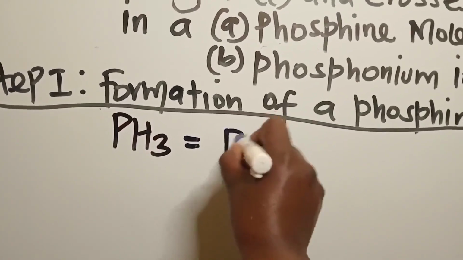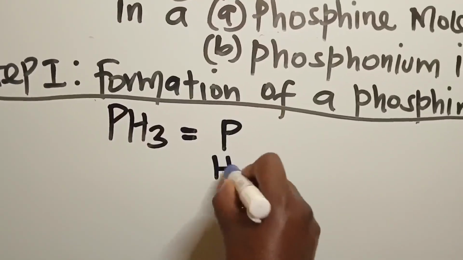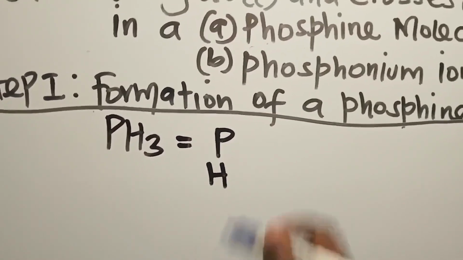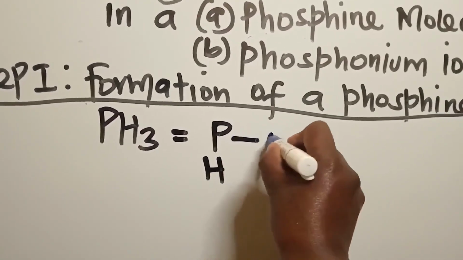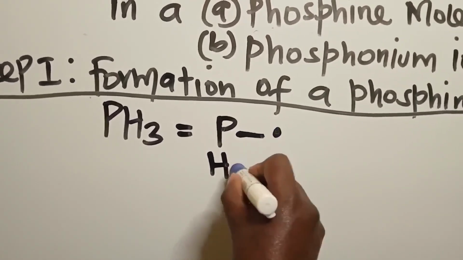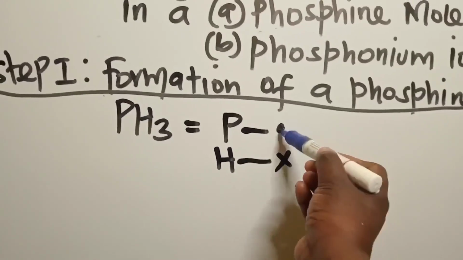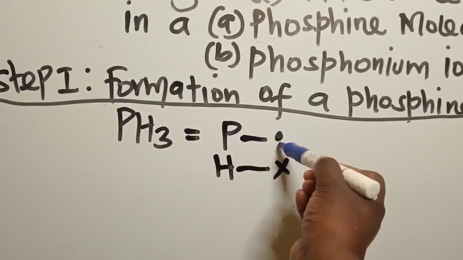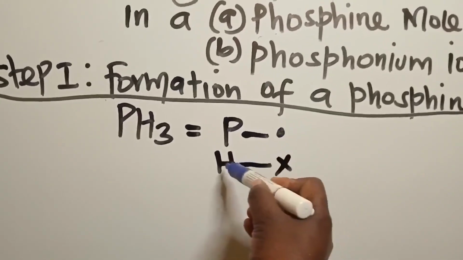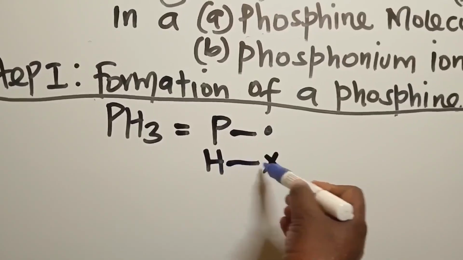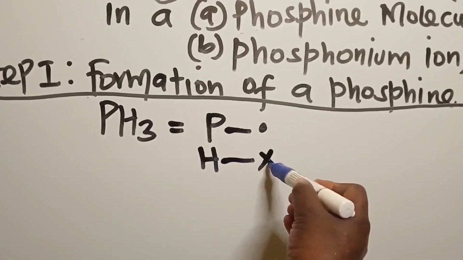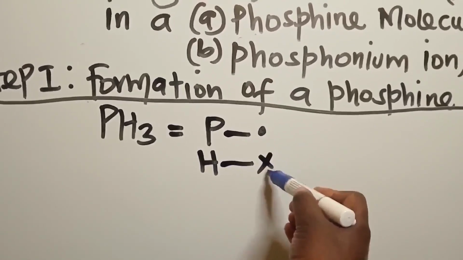We have phosphorus and we also have hydrogen. So we can say phosphorus to take the dot and hydrogen to take the X. So electrons from phosphorus will be represented by a dot. Electrons from hydrogen will be represented by X.